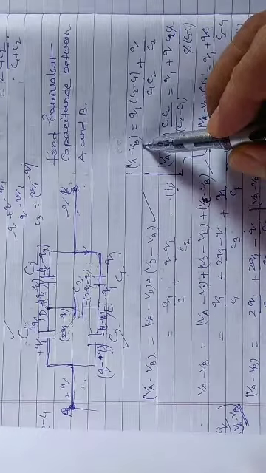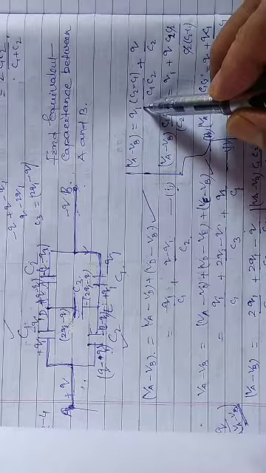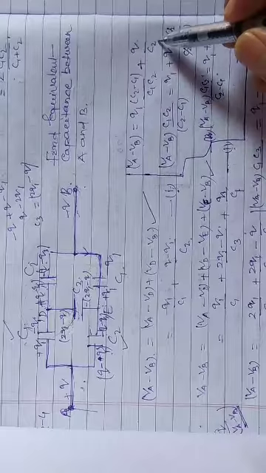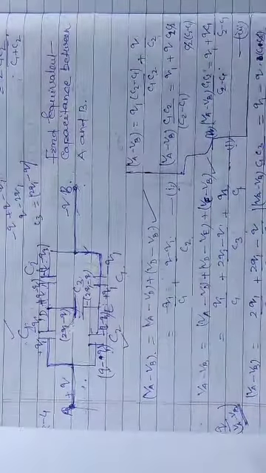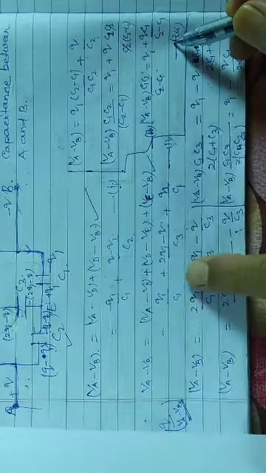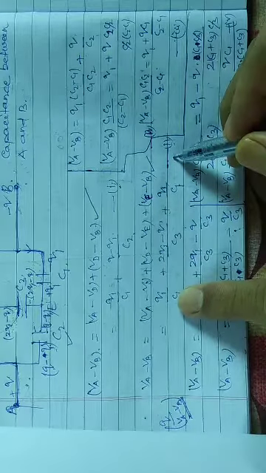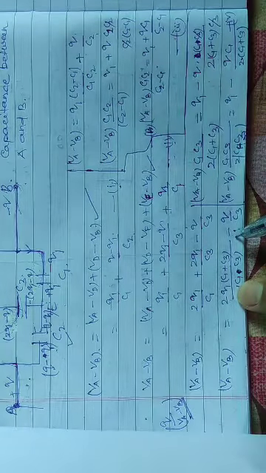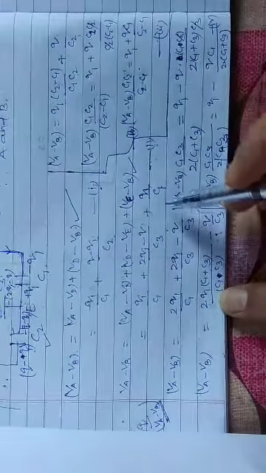Equation 1 can be further simplified as VA minus VB equals Q1 times C2 minus C1 by C1 C2 plus Q by C2, which gives this expression. Similarly, the second equation can be further simplified as shown in the figure.